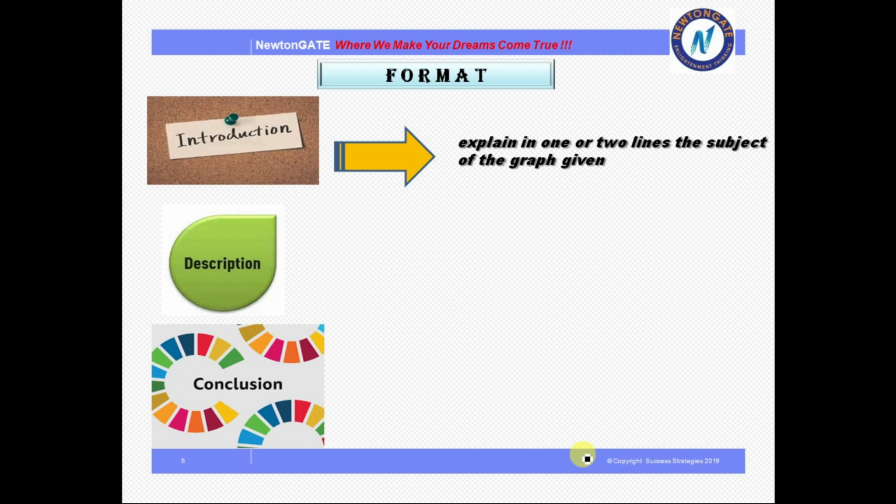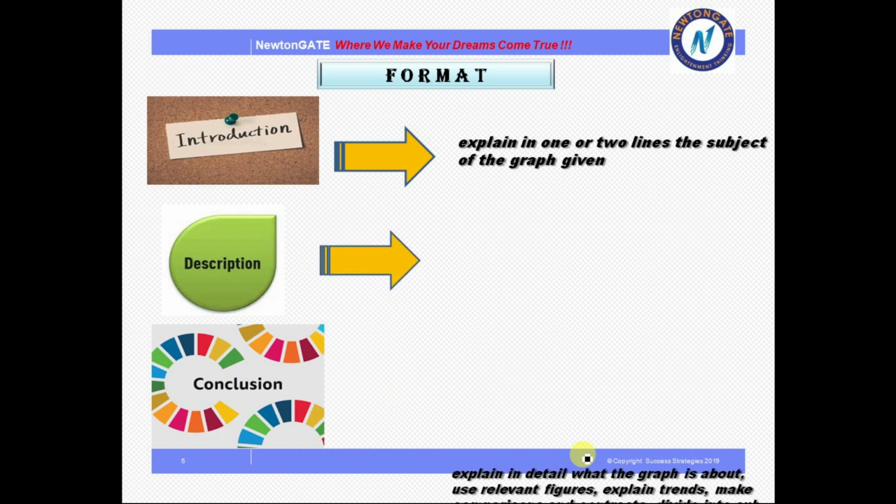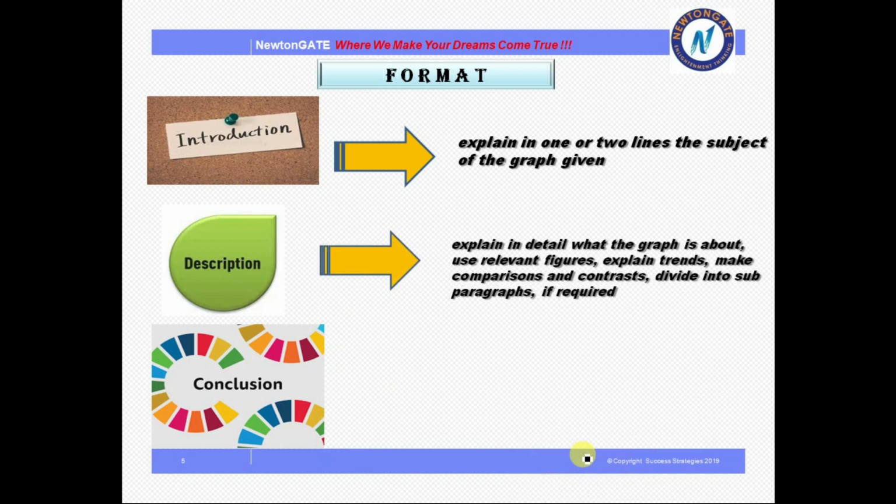Next comes something very important, the description or body part. This part of the analytical paragraph should contain details of the given graph in the question. It should contain all the information. It is extremely important to choose the significant details to include in the paragraph.